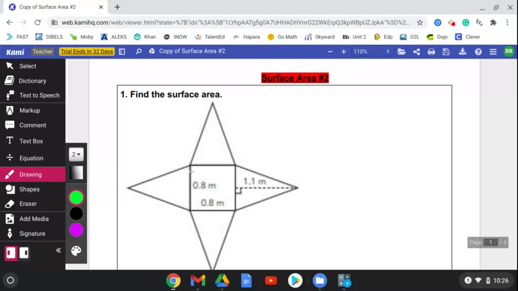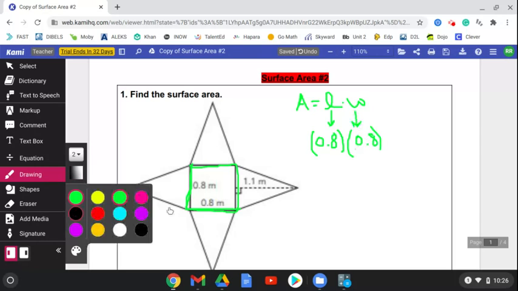So let's first find the area of this figure, which is a square, right? It's a 0.8 by 0.8 square. And so I could say area equals length times width. And so of the square, 0.8 is the length and 0.8 is the width as well.